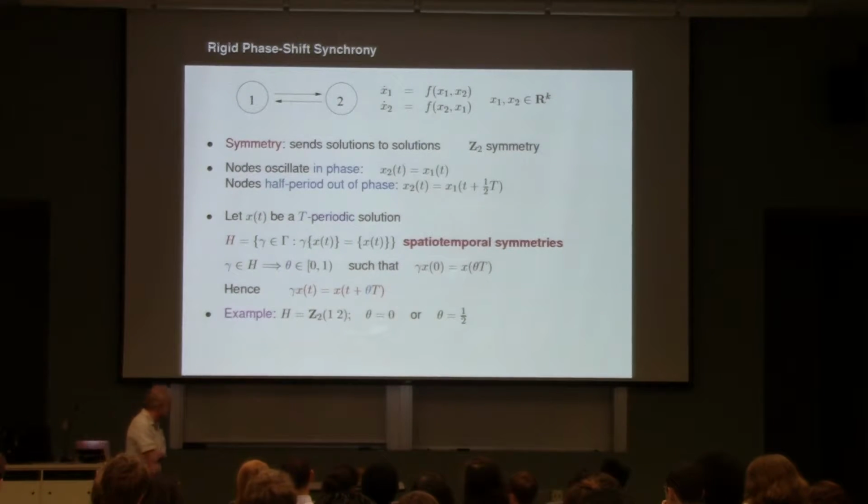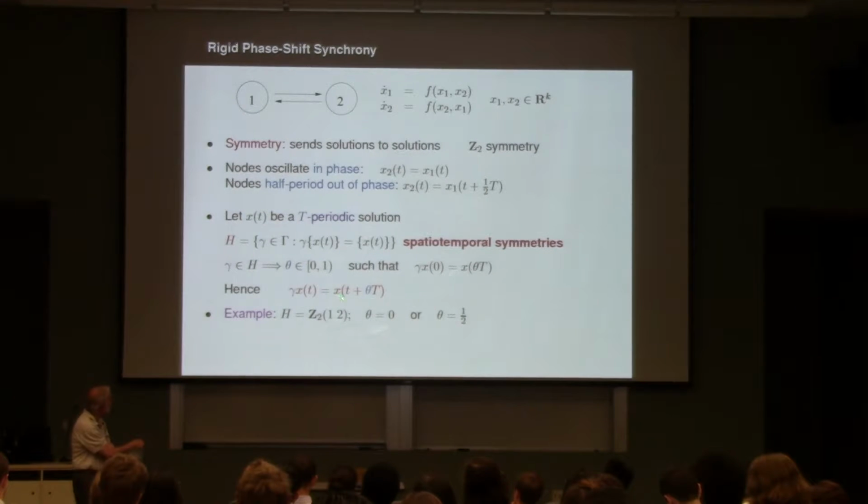So let's think of the simplest example in this collection of differential equations up here. If we know that swapping 1 and 2 is a symmetry, suppose I apply the swap twice. Then I would end up with x of t. It's going to be gamma x of t, which is x of t plus theta T. Apply gamma again, I get x of t plus 2 theta T. So x of t plus 2 theta T must be x of t.